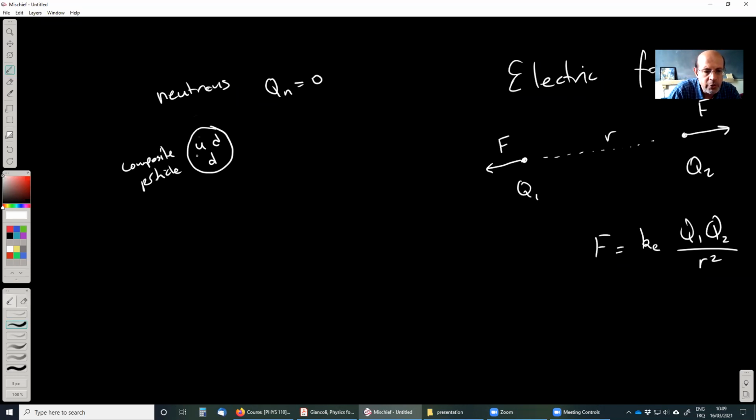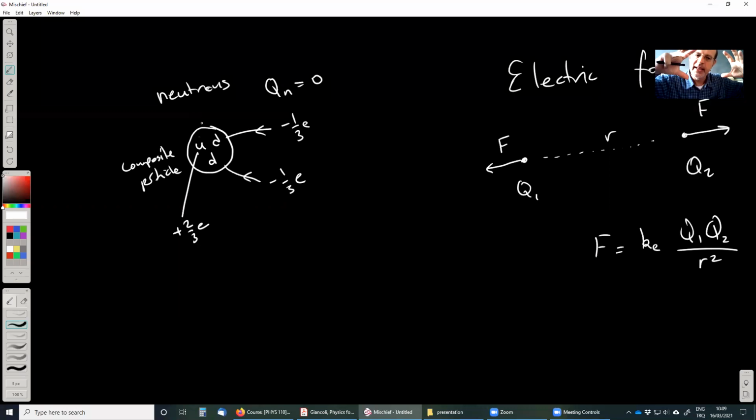If I remember correctly, the up quark has a charge of plus 2/3 of e, and the down quark has a charge of minus 1/3 of e. In any case, the total charge is 0, but these particles within a neutron are moving around, and so there is some kind of internal electric charge distribution inside the neutron.